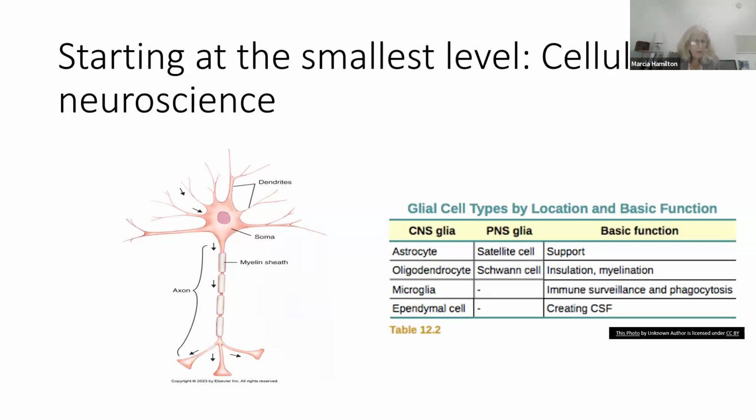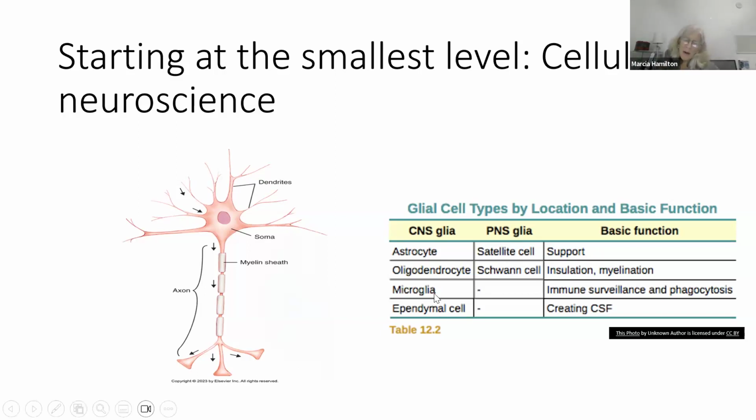In the central nervous system, we have something called an oligodendrocyte, which is what makes the myelin. And then in the peripheral nervous system, it's called a Schwann cell. The basic thing that it does is provide the insulation through the myelin. So think of it like the plastic outer covering of the cord, except it's better than that.